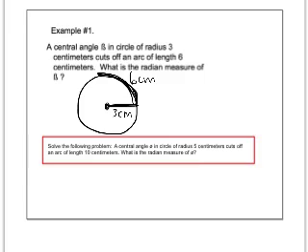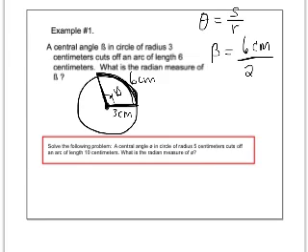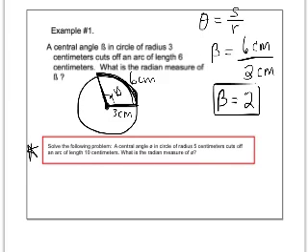What is the radian measure of beta? So we're going to go back to what we just learned. Theta equals length of arc over radius. We're trying to find beta, so we say the length of the arc, 6 centimeters, divided by the radius, 3 centimeters. So beta equals 2. Remember, anything in red is your responsibility, so there's a practice problem.